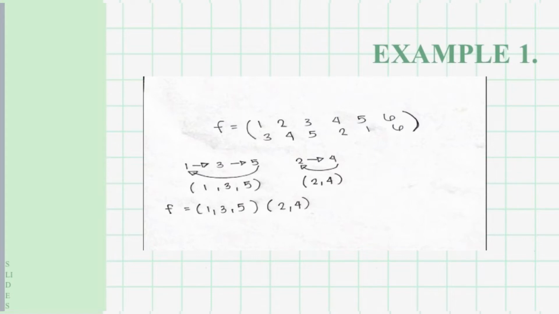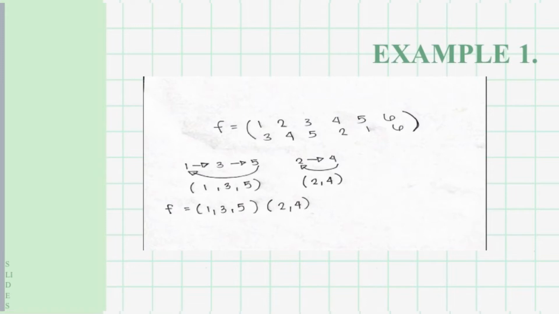So let's start with 1. 1 maps to 3, 3 maps to 5, and 5 maps to 1. Then next is 2. So 2 maps to 4, and 4 maps back to 2. So we found 2 cycles.